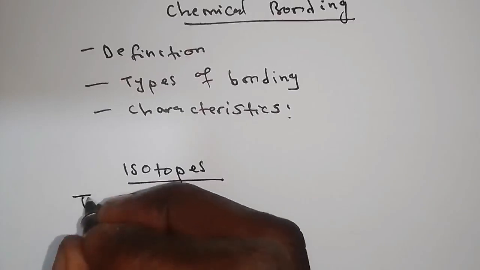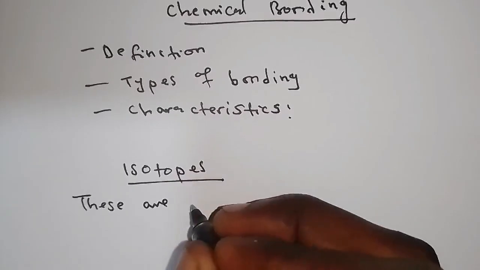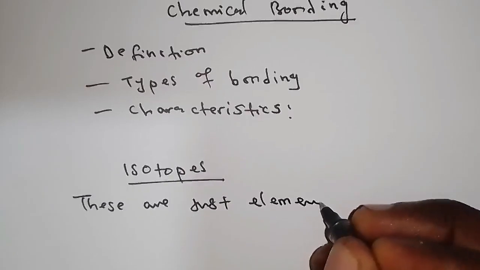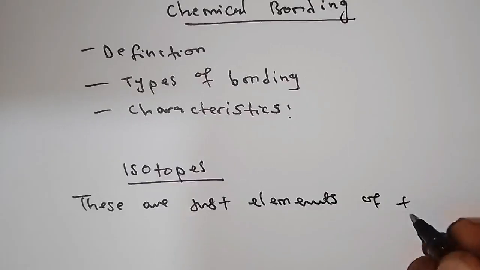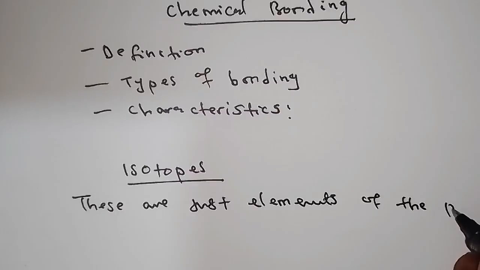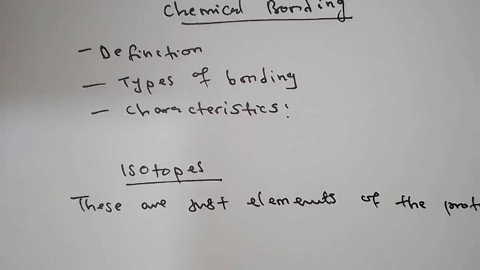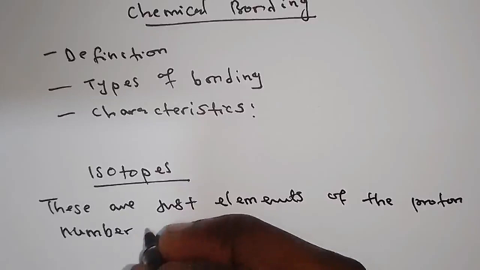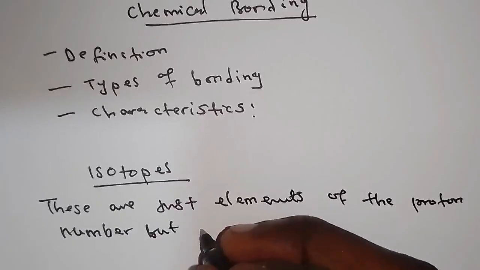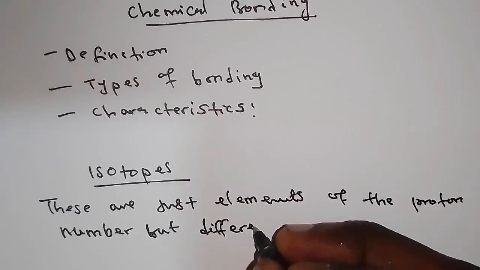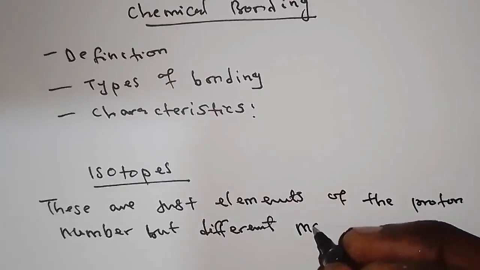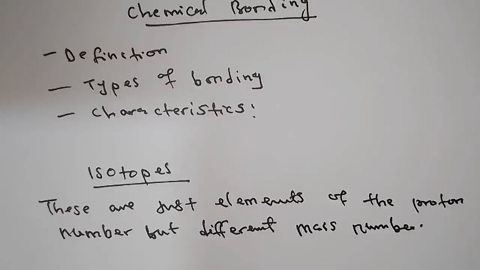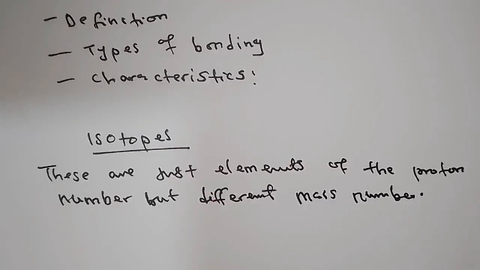So first of all, these are just elements of the same proton number but different mass numbers. Okay, so this is a definition of what an isotope is.